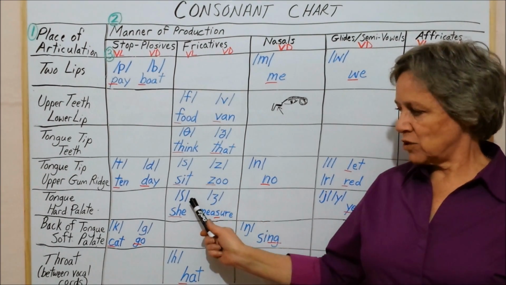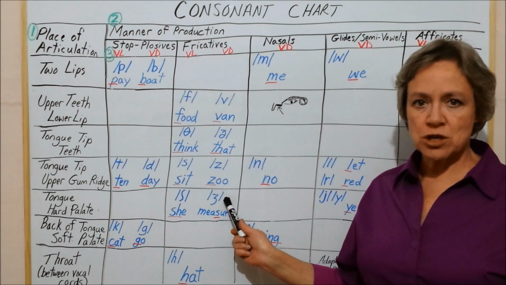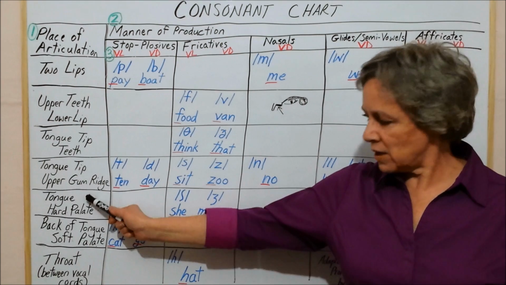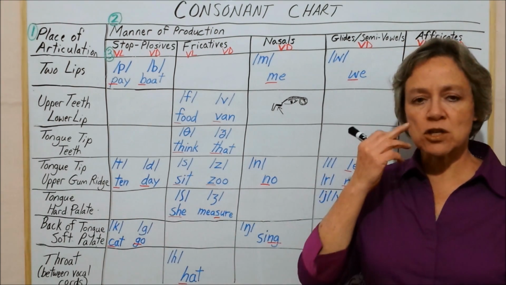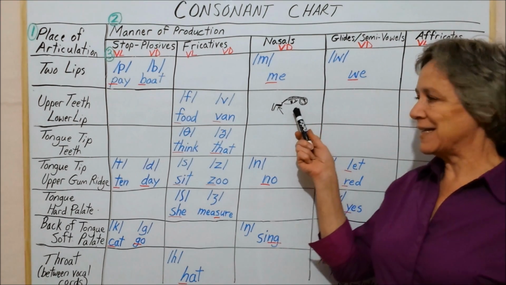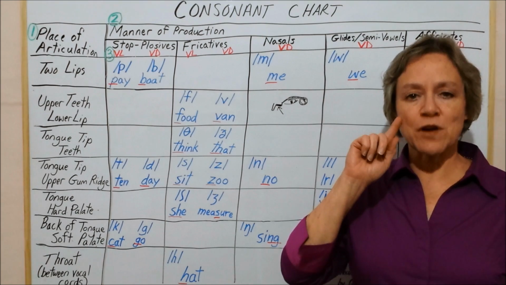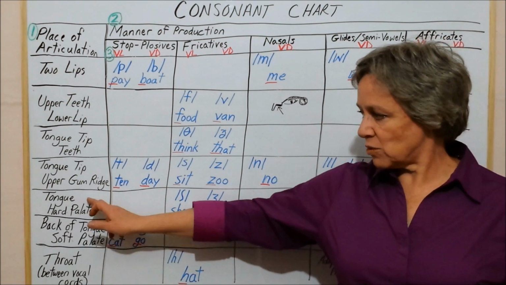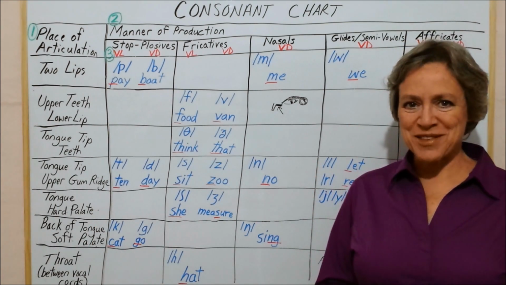If we move down to sh and zh, these two are also made with the tongue and the hard palate. That means the tongue is close to the hard palate, the hard part of the roof of our mouth. I know this is an awful picture, I'm sorry. So the tongue and the hard part of the roof of our mouth, okay?